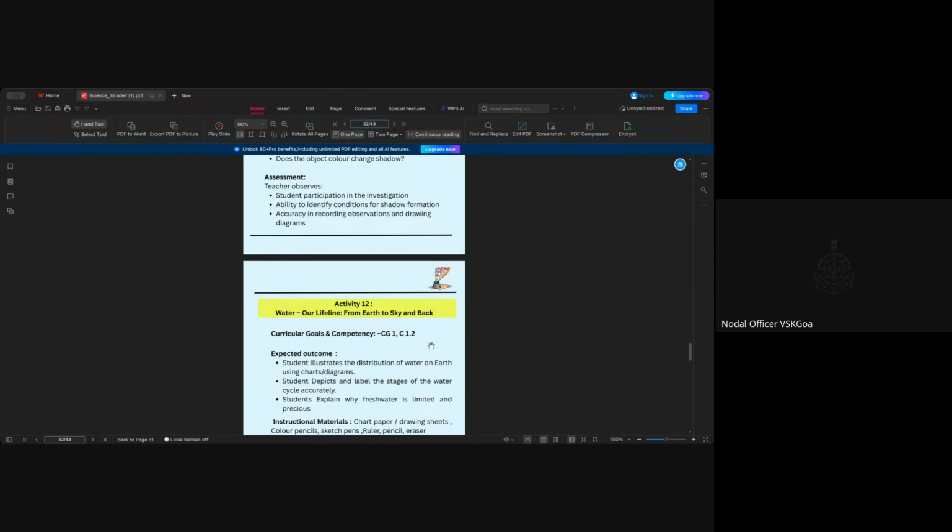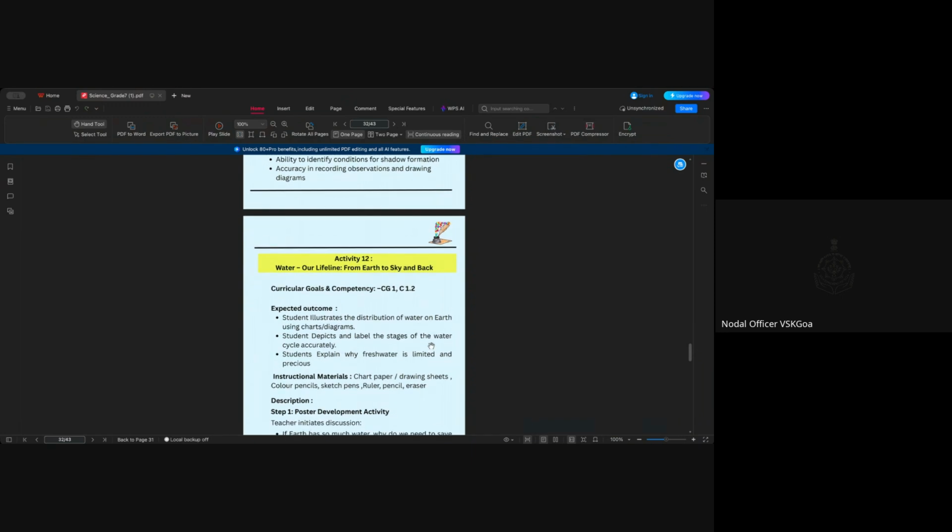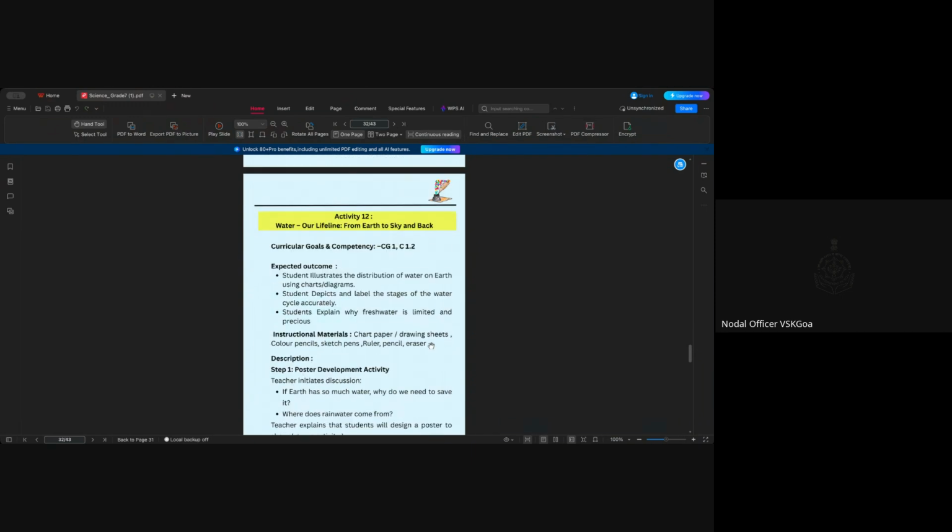In this activity, it is a poster development or chart development activity, wherein we first initiate a discussion related to how much water is present on the earth, why we require it, what is rainwater, and where rainwater comes from.